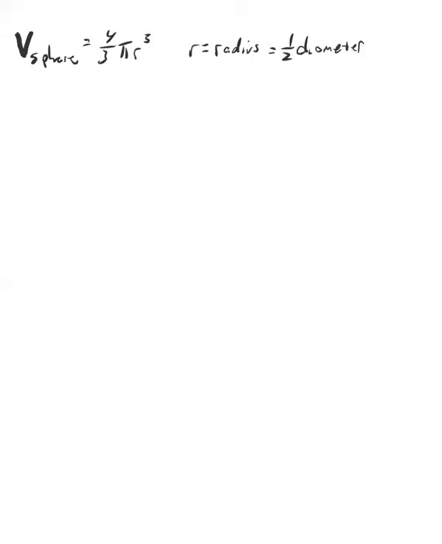And the diameter is the width. If you get a cylinder, if they ever have you do a cylinder, the cylinder is pi r squared h. So the volume of the cylinder is pi r squared h.